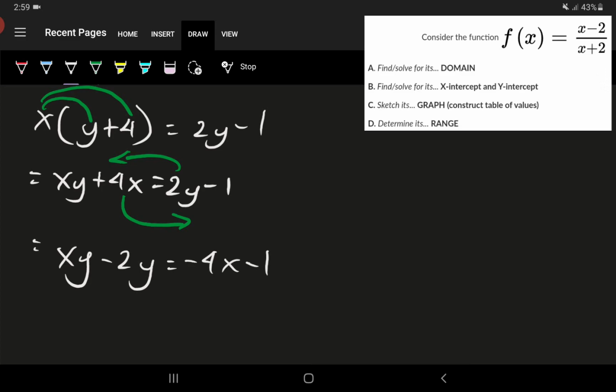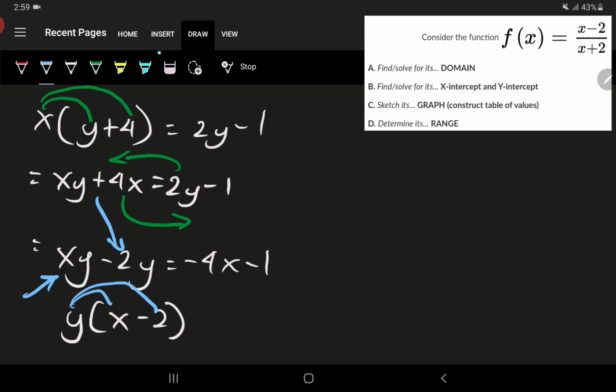Let's factor out y. This expression is actually the product of y times (x minus 2). Let's double check. y times x is xy, and y times negative 2 is negative 2y. So good. We have this given factor. Next, that is equal to negative 4x minus 1.